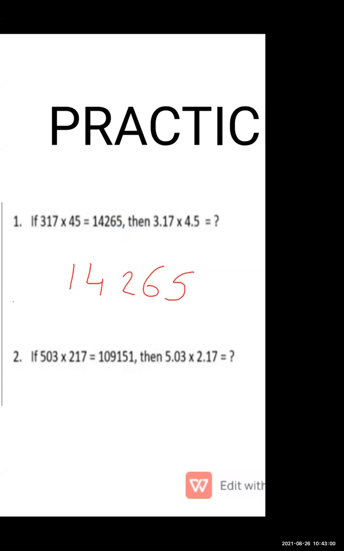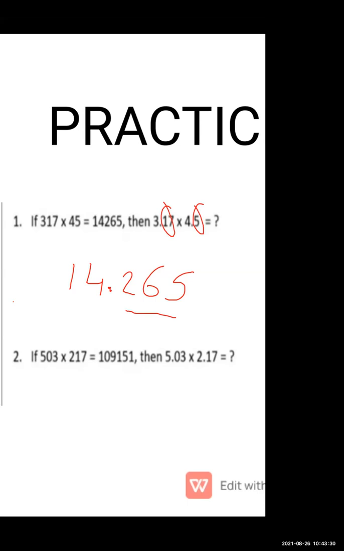We have to count here. Here it is after two numbers, a decimal. And here it is after one number, a decimal point is there. It means in total, after three numbers, we have to give a decimal point. So here it will be 1, 2, 3, after three numbers we give a decimal point, that is 14.265.